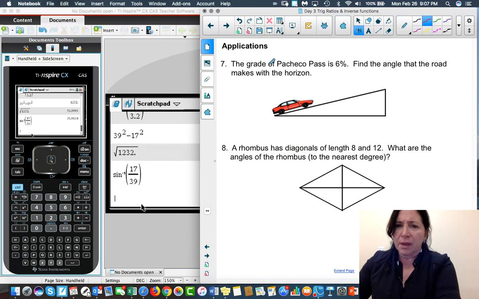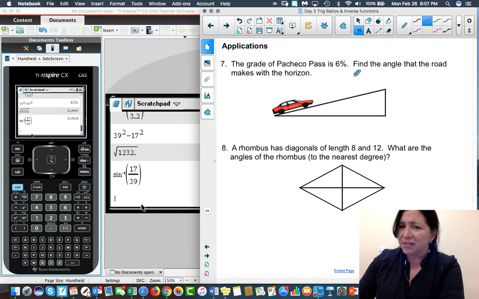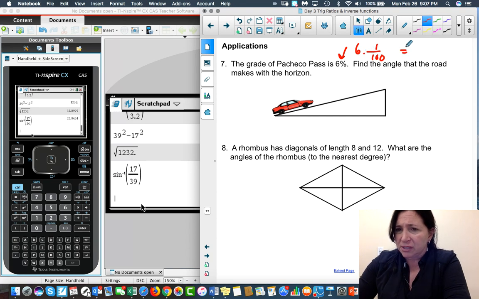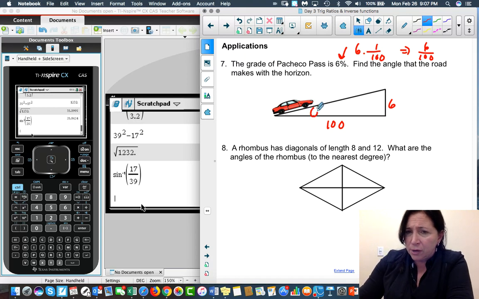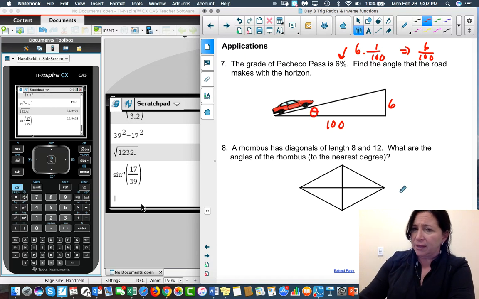So the grade of the Pacheco Pass is 6%. Find the angle that the road makes with the horizontal. Remember, 6% means 6 over 100. So we are looking at that angle right there.